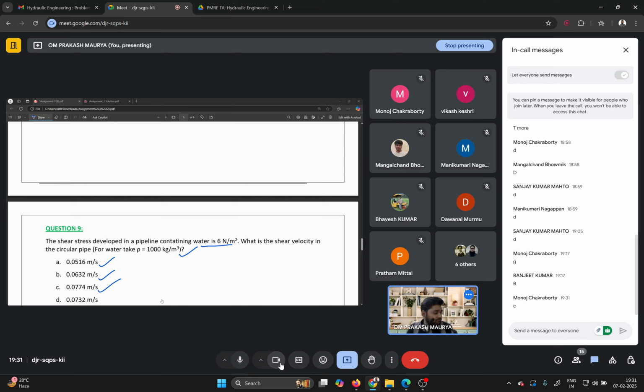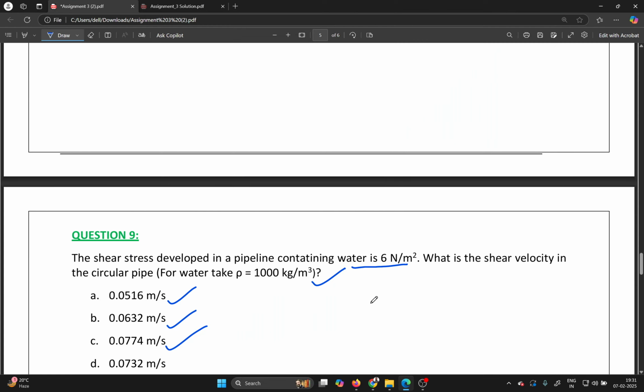Okay, so now let us discuss. Basically, the shear velocity you need to calculate here, let us suppose we represent it with U star. It is related to the shear stress developed divided by rho, all under root.